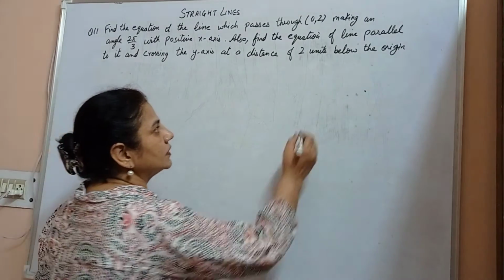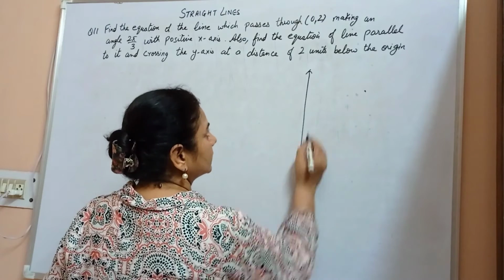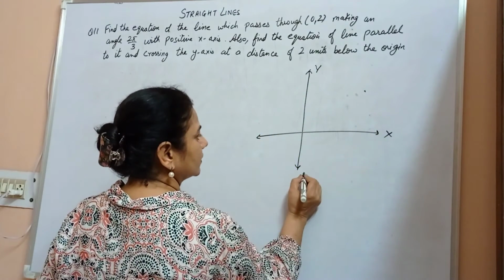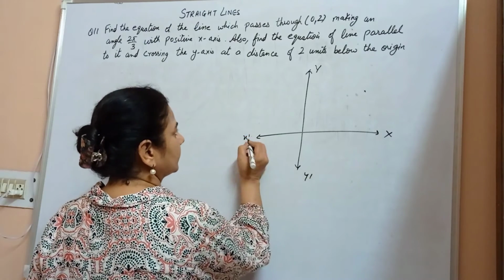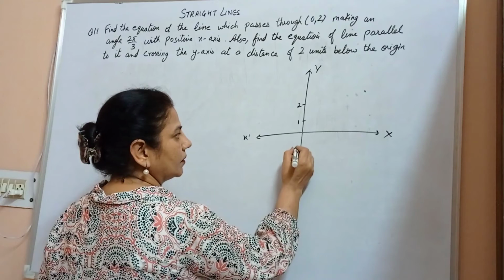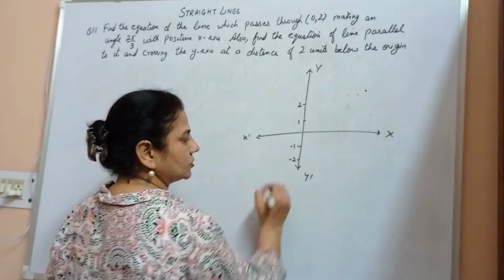So first of all, we observe this. This is the y-axis and this is the x-axis. And this is the negative of the y-axis. So here we say 1, 2, minus 1, minus 2.